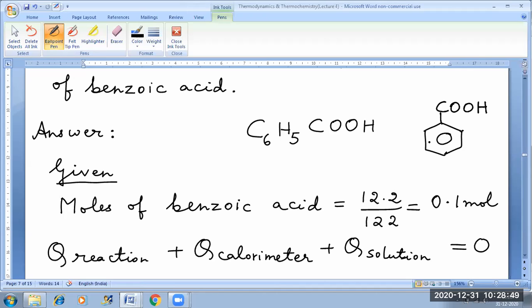This is benzoic acid. So if I find out the molar mass, it will be 122. Grams by molar mass is moles. So 0.1 moles of benzoic acid have been used in the reaction.